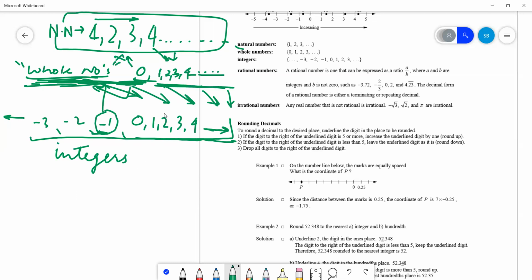Can you tell me a number which is in between 2 and 3? 2.5. Yes, correct. So 2.5 is in between 2 and 3. Is 2.5 a natural number?